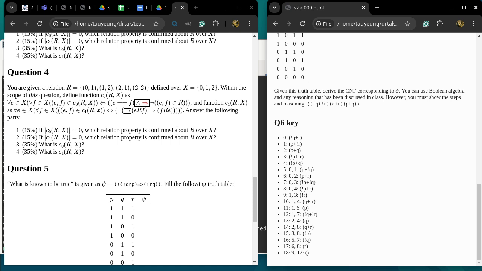So for this class, we are pretty much done with propositional logic, we're done with relations. The final exam is going to only have topics that we are not including in exam 1 or exam 2.